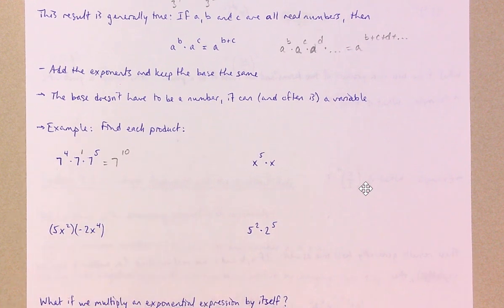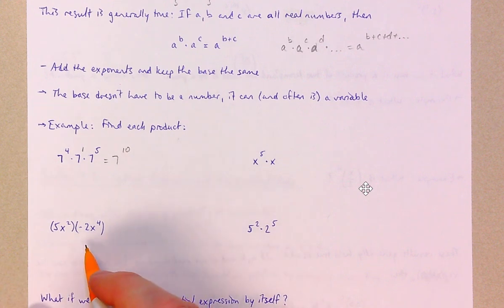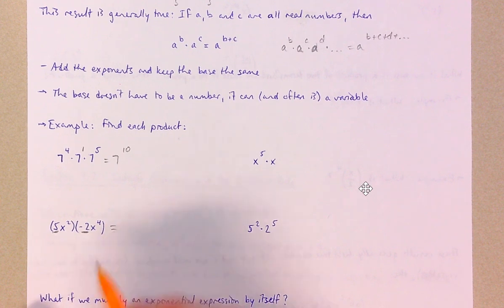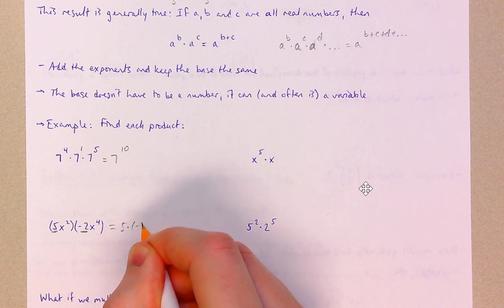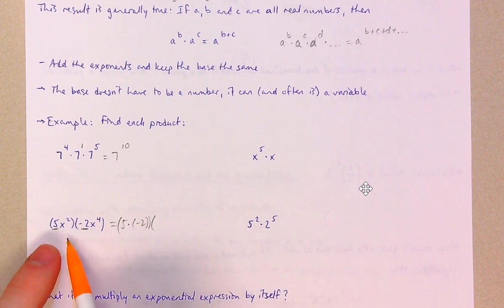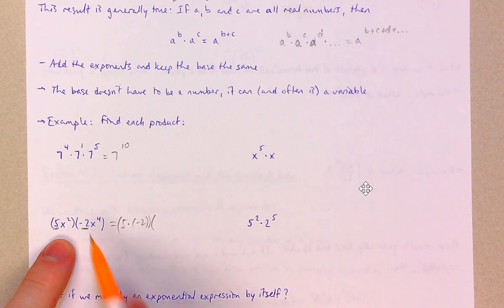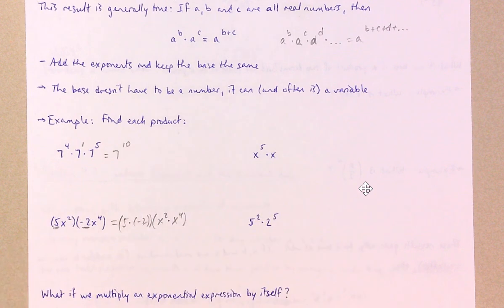When you do this, you multiply the numbers in front of your exponential expressions first. You multiply those coefficients. So these are my coefficients. So it's going to be 5 times a negative 2, and then you are going to take the product of your exponential expressions: x squared times x to the 4th.